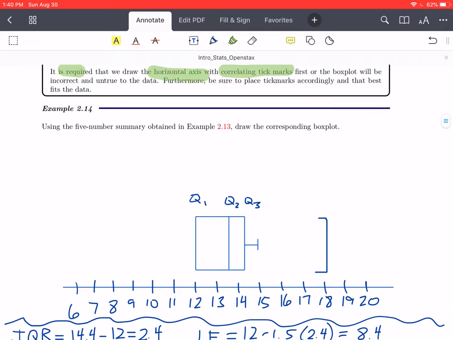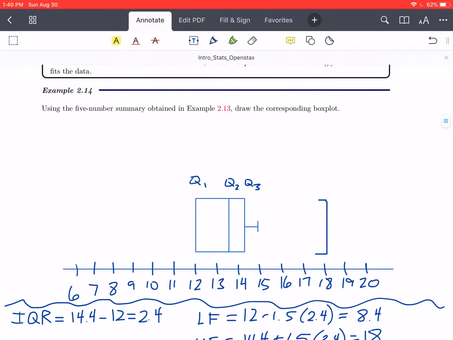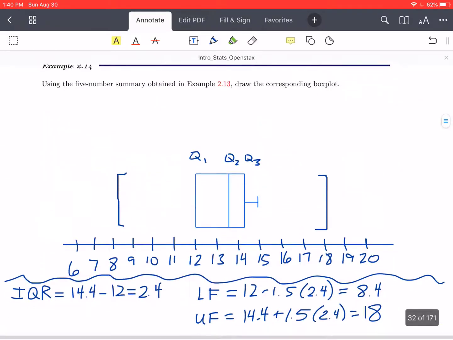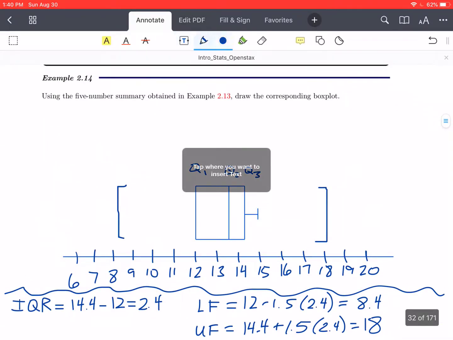Okay, so let me draw the fence first. So our fence is at 8.4, so it's right about there. We're going to have our value of 6.5 out here. It's an outlier, so that's going to be right here. So we draw a little asterisk.